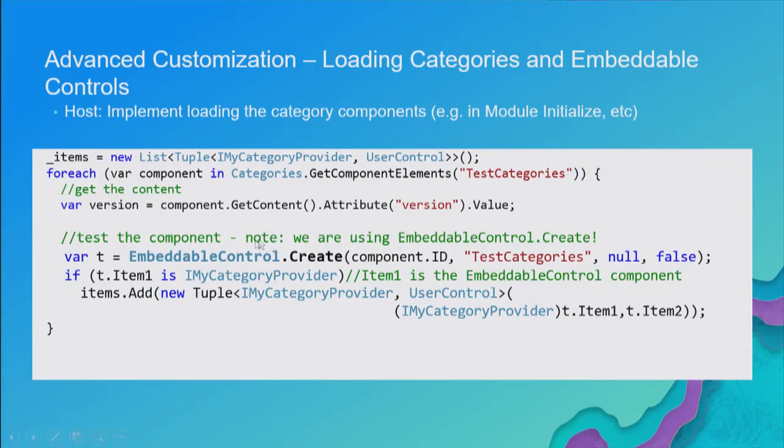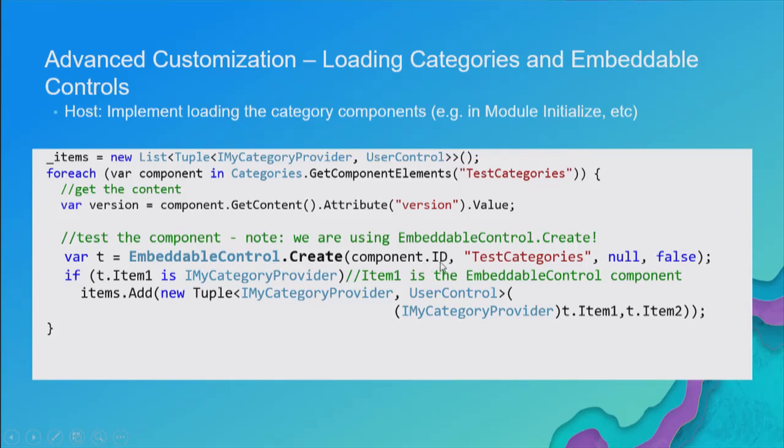Looks like this. Here's my list. I've got pairs now, pairs of I'm my category provider, that's my embeddable control view model, and my user control, that's my view. I'm getting my components out of the category, no different. I'm getting my XML content, same as before, no different. This is the change. Embeddable control.create.